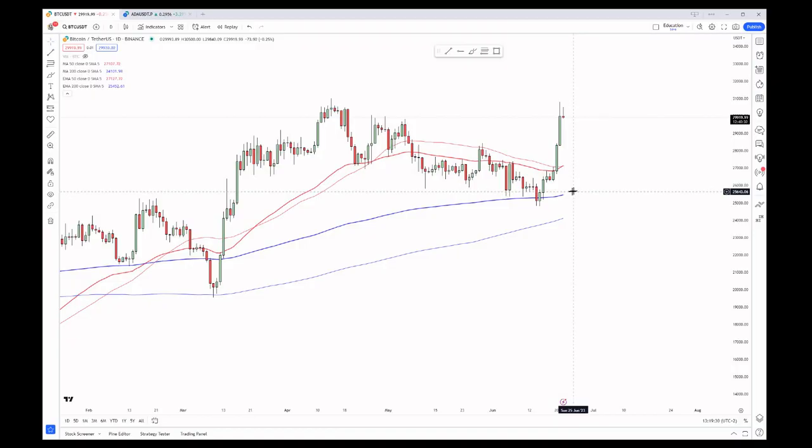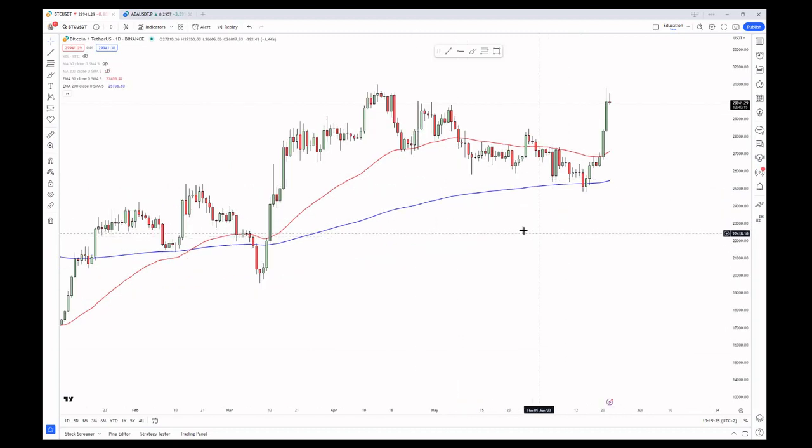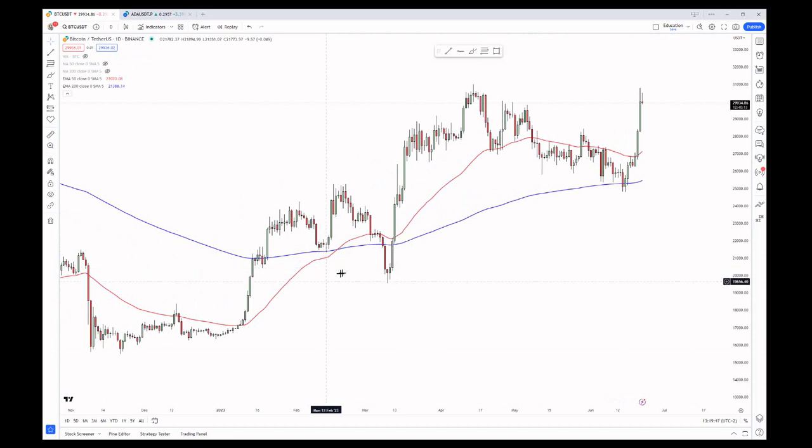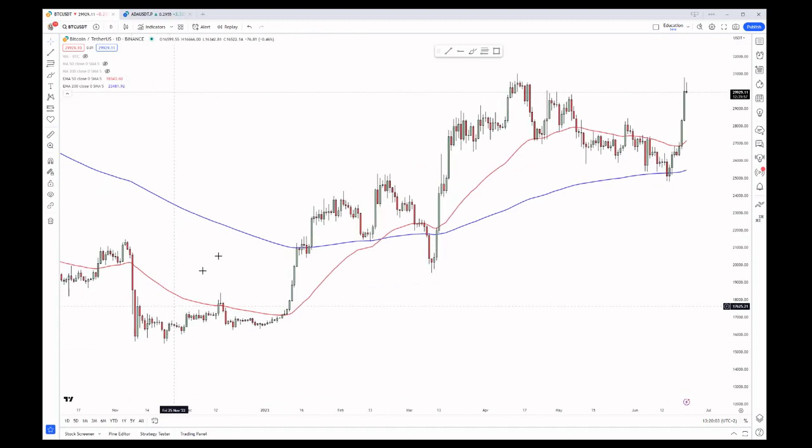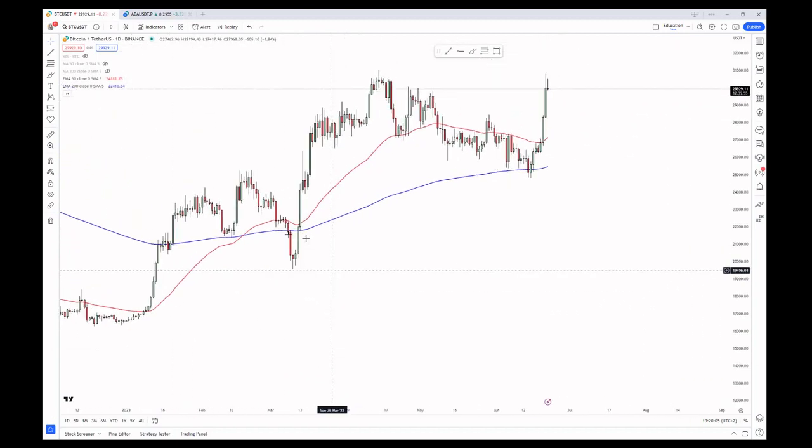Moving averages are used to spot a trend. So if you see here, the 50 EMA crosses the blue one. It's called a golden cross on the 50 and the 200, which usually is a bullish sign. And you see here, after that, we had a breakdown, but we had a move up.